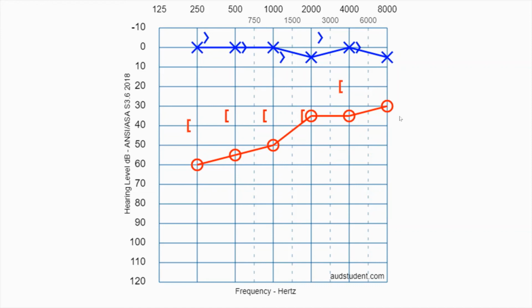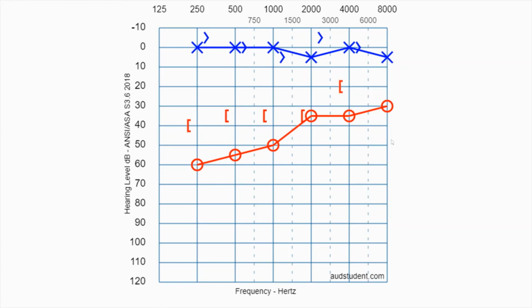It's unilateral, uni meaning 1, and since only one ear has the hearing loss, unilateral only makes sense. 2, asymmetrical, because there's a 15 decibel difference between the ears at 2 or more frequencies. You can find that by looking at your 250 hertz, 500, 1000, 2000, 4000, and 8000 thresholds.